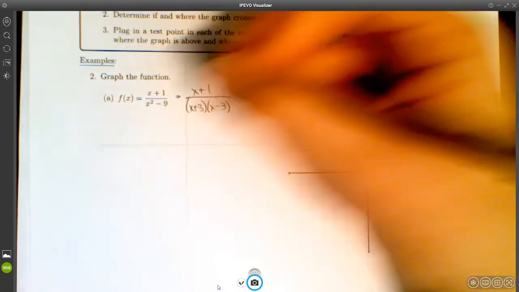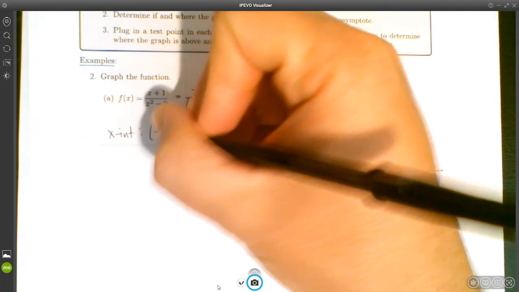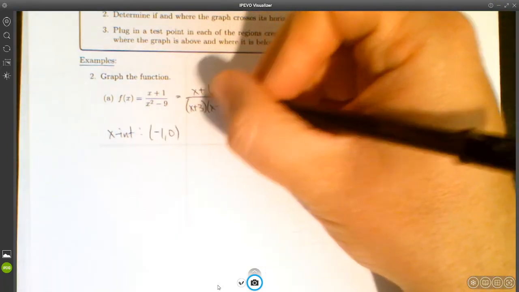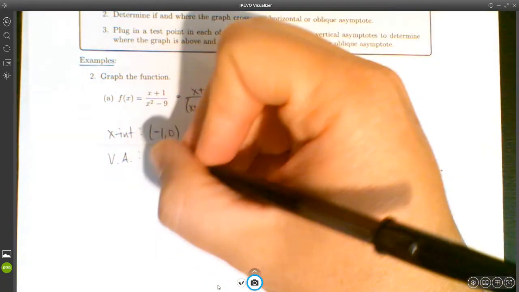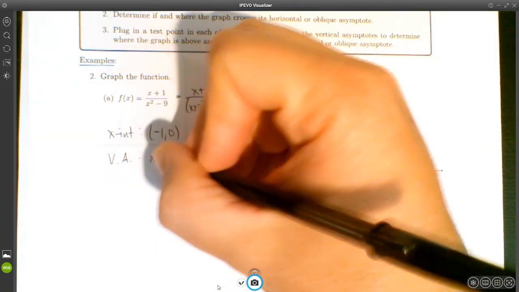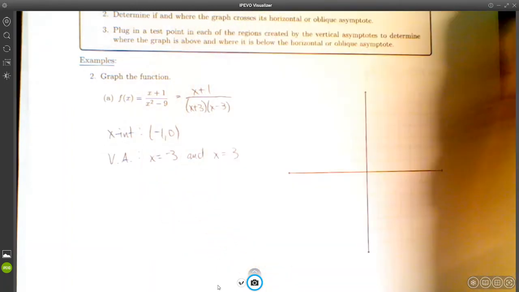So let me write this stuff down. My x-intercept, in this case I only have 1. That's the point -1, 0. That comes from the 0 in the numerator. My vertical asymptotes are at x equals -3 and at x equals +3.